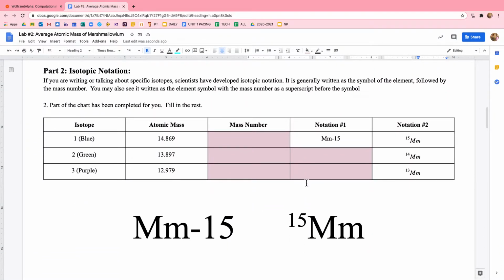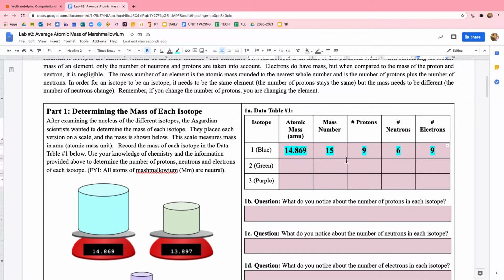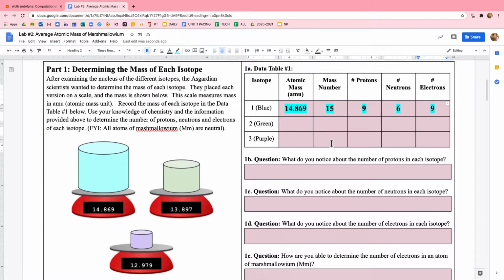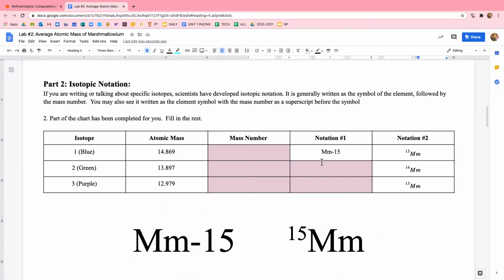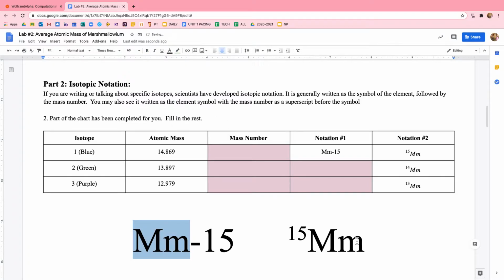Okay, so part 2. We have the mass number, which we saw how to calculate up top here, right? We're just rounding to the nearest whole number. And we have 2 different notations to write our isotopes, right? So I have both of them down here. If we notice, they have the atomic symbol in common, right?